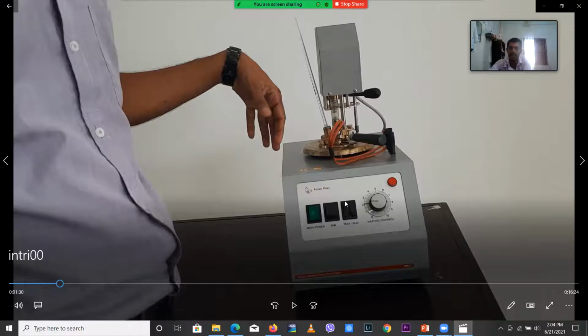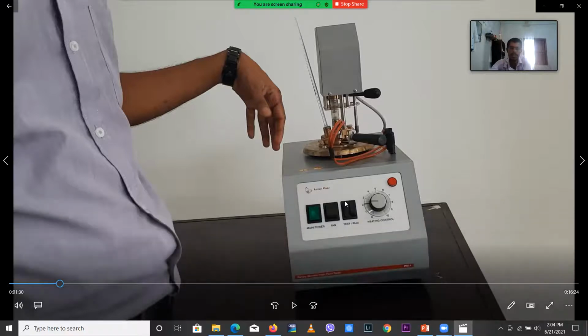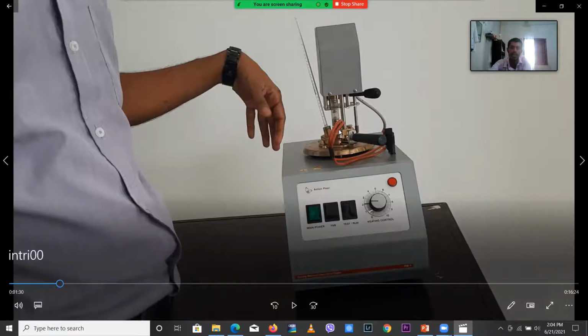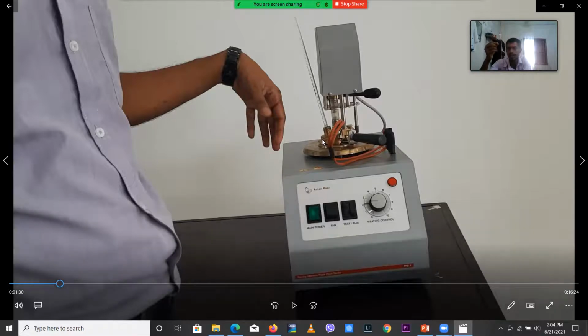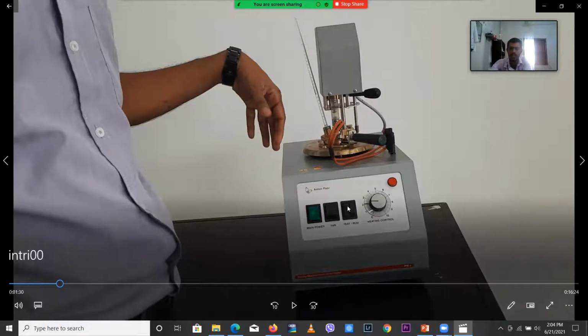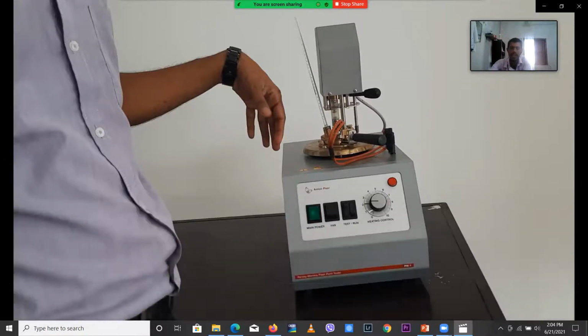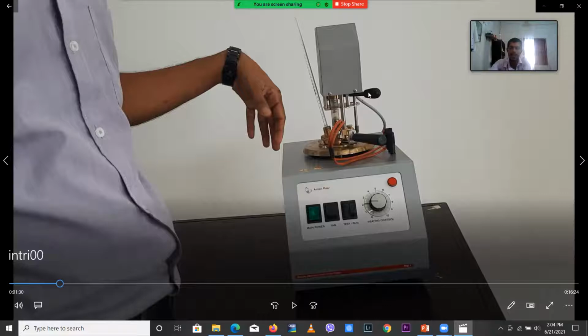If we press the test button, heat will flow to the heater, the heating coil, and there will be a flame on top of the heating coil, right? After switching on that heater, by moving the lever, we can introduce the flame.